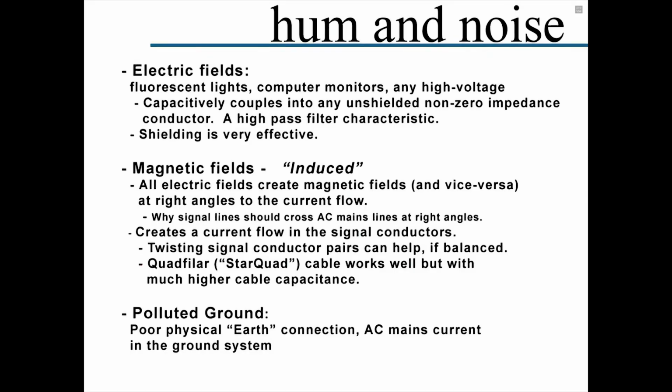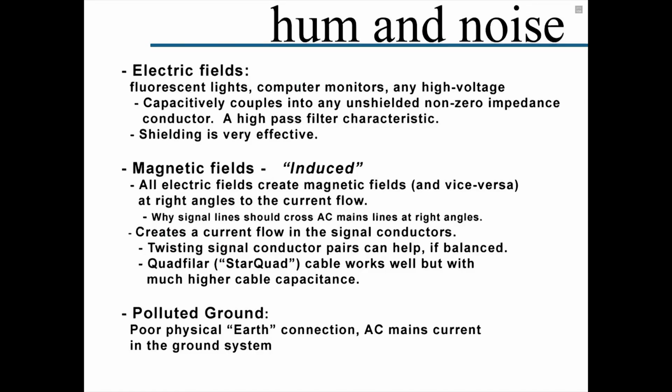All electric currents create magnetic fields and vice versa. Avoid running signal and AC lines parallel to one another. If signal and AC lines must cross each other, cross them at 90 degrees. Twisted pair signal conductors can help in balanced circuits. Star quad cable works well, but with much higher cable capacitance.